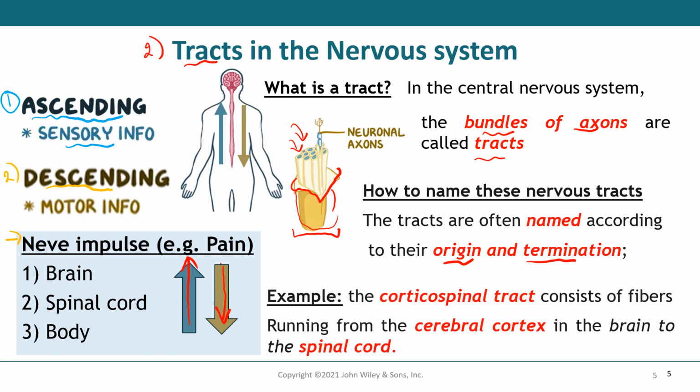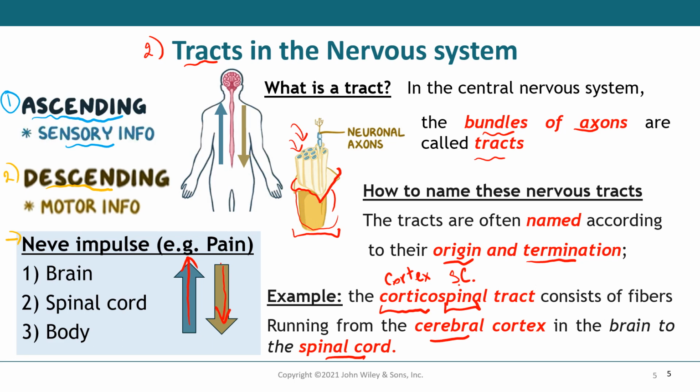We have one that is called the corticospinal. Cortical means cortex, the cortex of the brain, and spinal is just the spinal cord. So those fibers, those bundles of axons, run from the cerebral cortex in the brain to the spinal cord. And this is why it has that name.